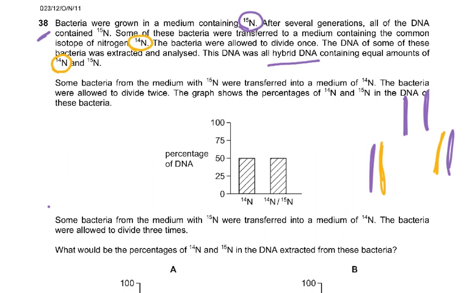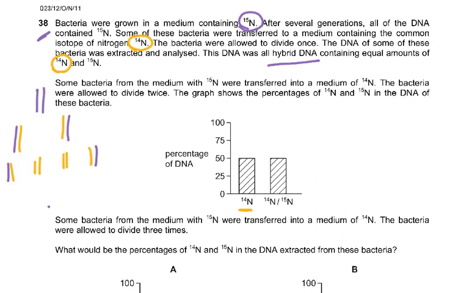Some bacteria from the medium with N15 were transferred to medium N14. The bacteria were allowed to divide twice. The graph shows the percentage of N14 and N15 in the DNA of these bacteria. So you can see this is the percentage of DNA, N14 and N15. Now when would this be like? Now you have to make a further diagram for me to explain this to you.